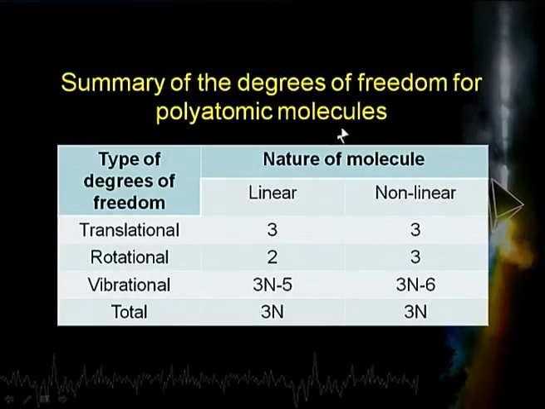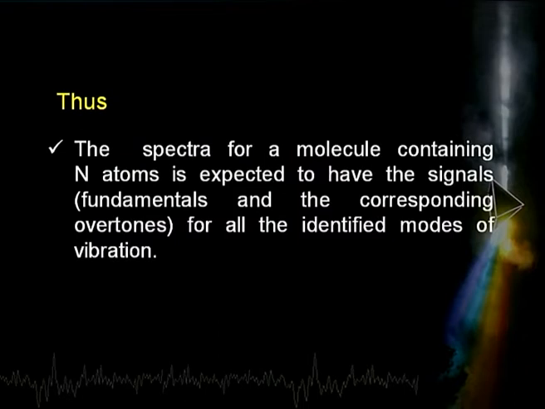Okay. Let us move further, and sum up what we talked about in terms of the vibrational degrees of freedom for a molecule. The total number of degrees of freedom is 3n: translational motion 3, rotational motion 2 for linear and 3 for non-linear, and the rest vibrational. Thus, the spectrum for a molecule containing n atoms is expected to have signals, fundamentals and the corresponding overtones, for all identified modes of vibration.